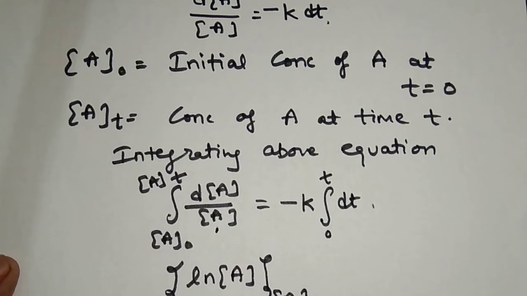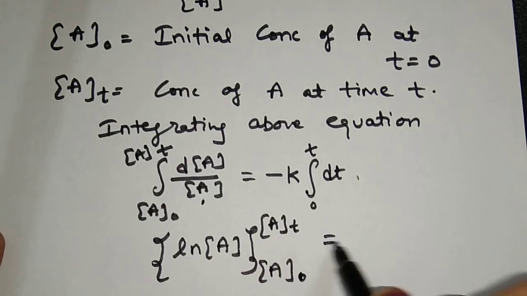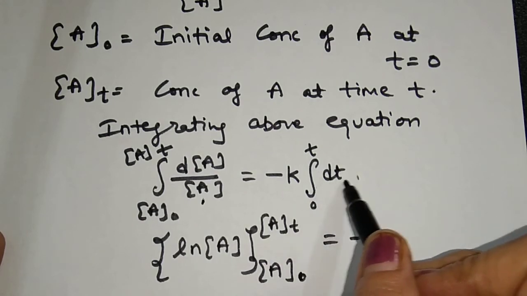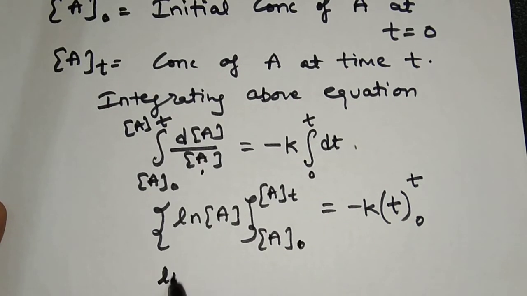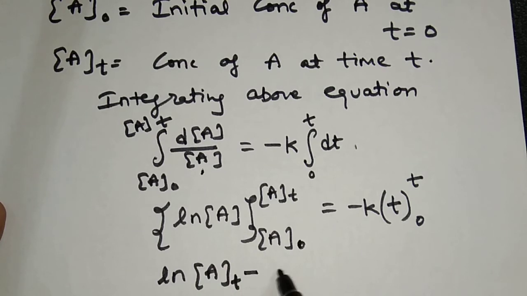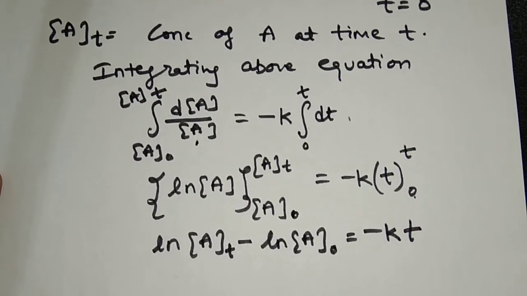The integration is between the lower limit, that is A0, to the upper limit, which is called At, equals to minus k as it is, and the integration of the small time dt which is taken many times, what will its integration be? t, and its limits are from 0 to t. Okay, so what you will get, it is always upper limit minus lower limit. So I am getting ln of At minus ln of A0 equals to minus k into t minus t0, what will that be? t, right?